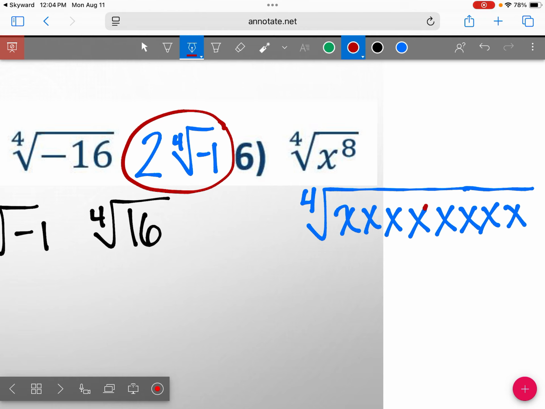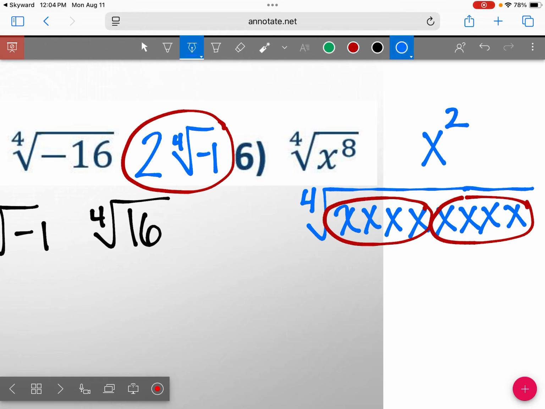So if I have an index of 4, I have 2 groups. Does everybody see that? Is there any x that's left out of a group? So because I have 2 groups, this equals x squared, and that would be my answer. So the 4th root of x to the power of 8 is x squared.